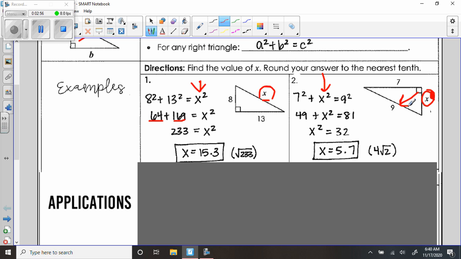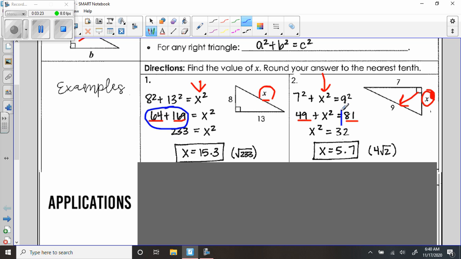So the process for problem 1 and problem 2 is going to be similar but different. Here's the difference: after I square the 49 and the 81, it's no longer addition. Over here we added them together because they're on the same side, but here they are not on the same side.